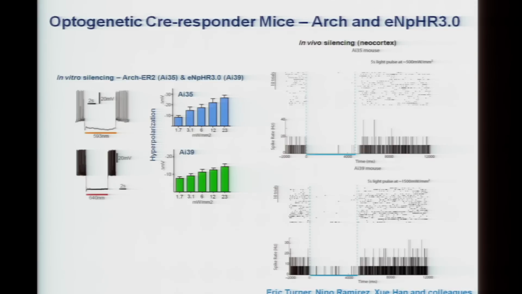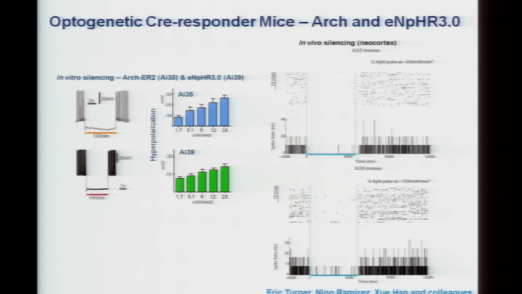And this is a set of inhibitory optogenetic Cre-dependent mice. Ai35 expresses Arch, the Arch ER2 version of the silencer, and Ai39 expresses the eNpHR 3.0 version of the silencer. In vitro, both can very effectively mediate silencing of neuronal activation, and Arch is a little bit more sensitive than eNpHR. The same holds in vivo in behaving animals.